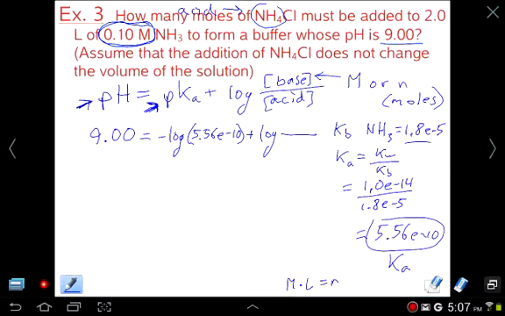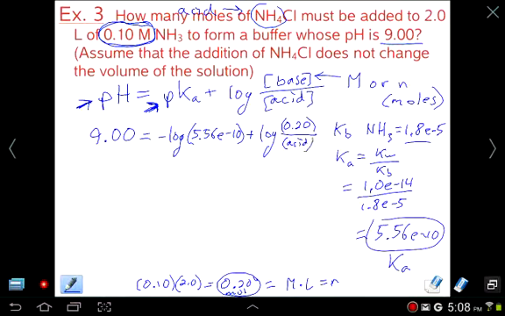So we get 0.10 times 2.0, which gets us 0.20 moles. So here is how much we have of the base. The base goes up here, we get 0.2, and the acid is our unknown. That is what we'll be solving for.